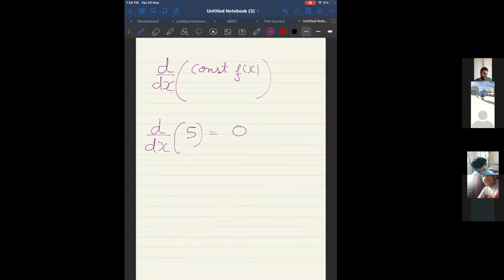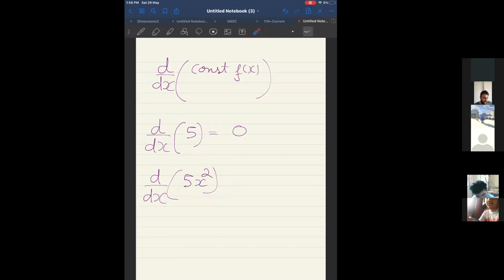But if I have d by dx of phi x square, now what do I need to do? Can I say there is no x term inside this bracket? I cannot directly say that. There is an x term also, but there is a term without x also.